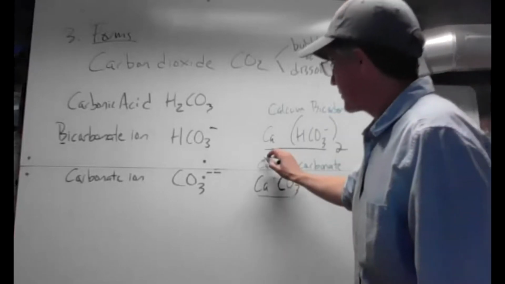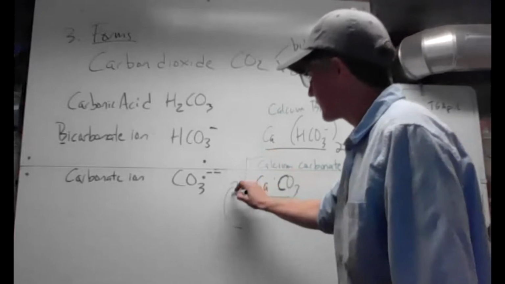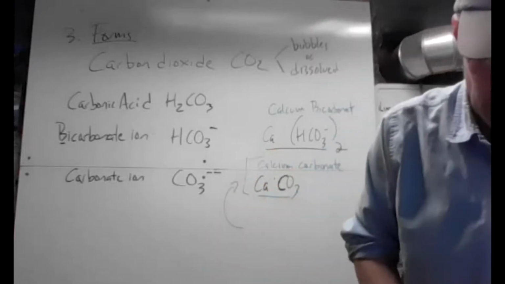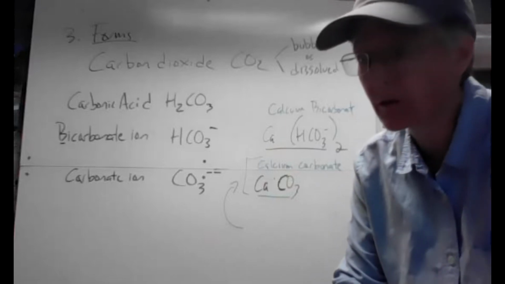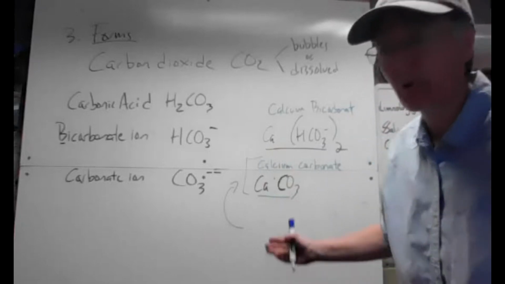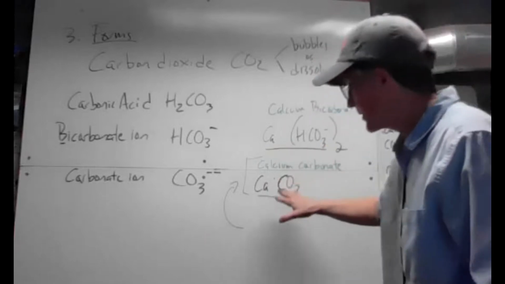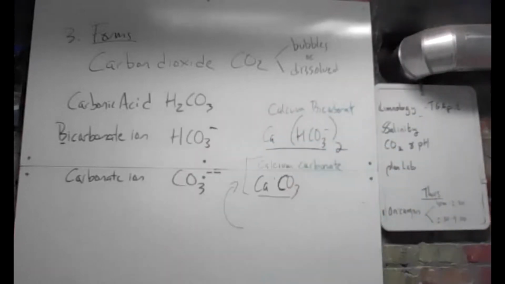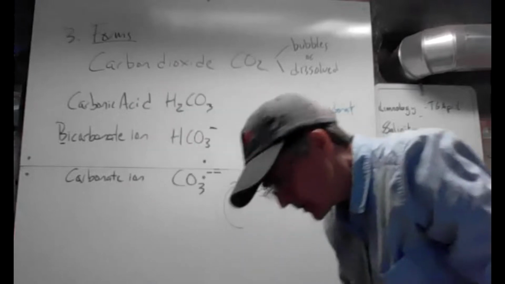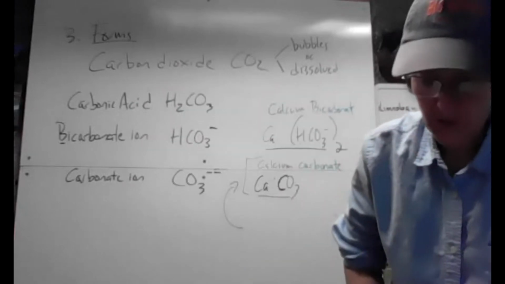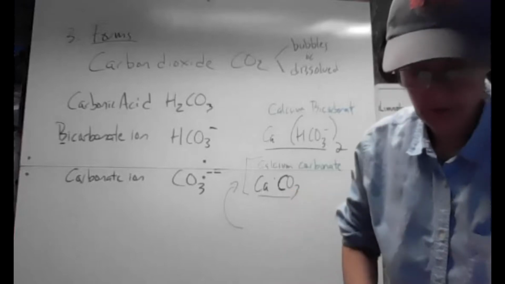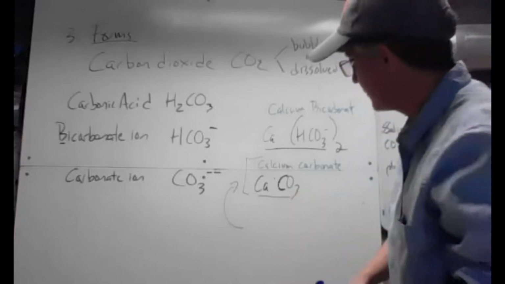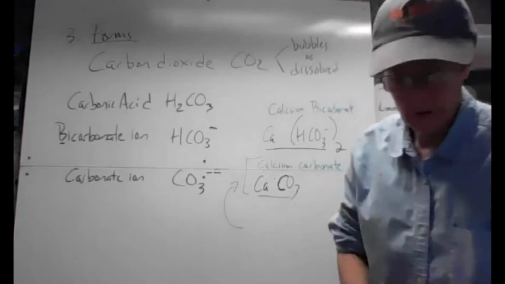Now, calcium carbonate here is a typical precipitate in lakes. It's marl, the dominant thing in marl. It's the stuff that turns into limestone. It's chalk, right? Some other things, let's see, what else do we need?